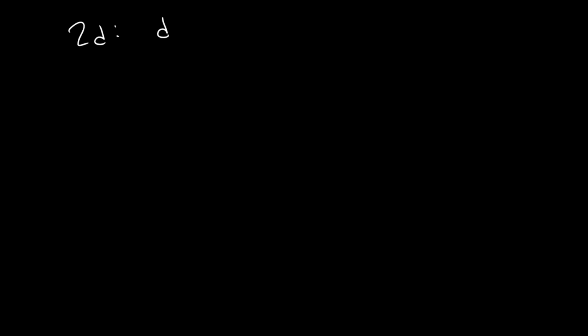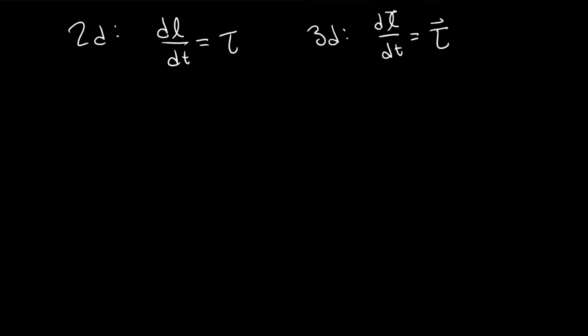And so this just becomes dL dt equals tau. And in 3D, both of these are going to be vectors. Really, there's pseudo-scalars and pseudo-vectors, but that's a not very important detail right now.